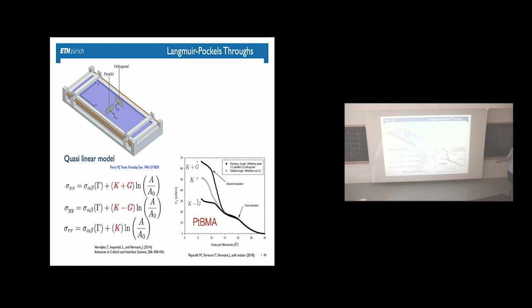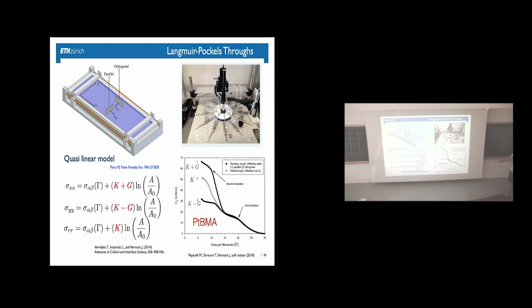I will have a bulk compressibility, but I will also have a change in shape, and I will have a shear contribution. So if I hang my plate in this direction, the shear contribution will add to the compressional contribution. If I hang it like this, it will be the negative. And if I use the radial trough with an isotropic deformation, I will only get the surface tension change and then the mechanics, compression modulus.